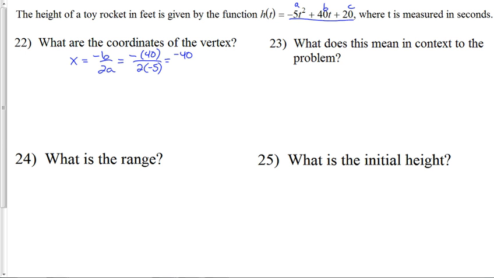And when we work that out, you get 4. So in order to find the y coordinate then, we just plug it back in. We're actually finding h of 4. So we're putting that 4 in the place of t in the equation.